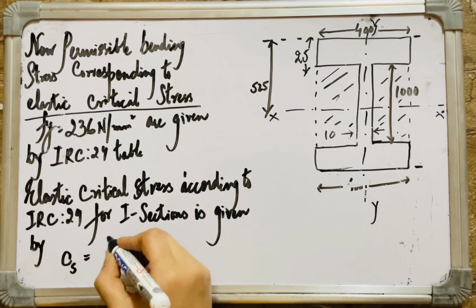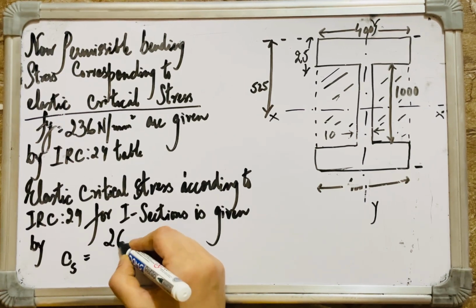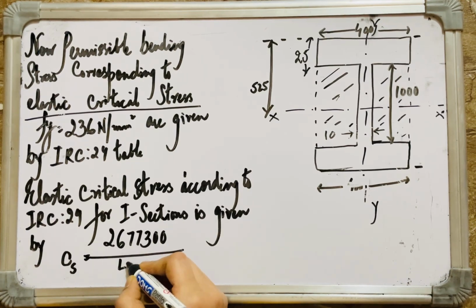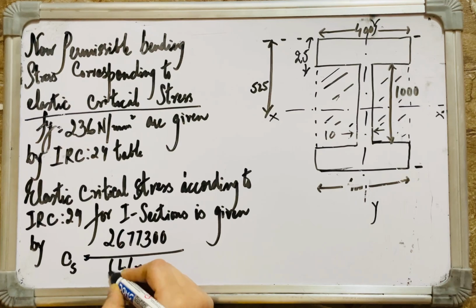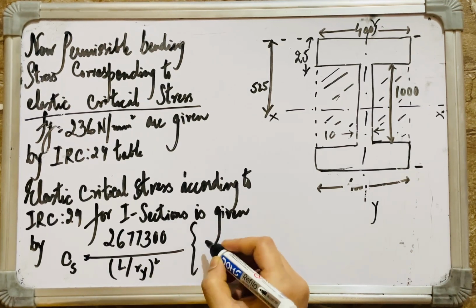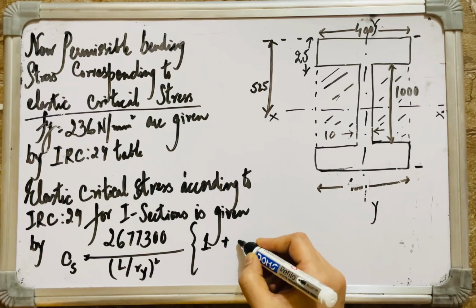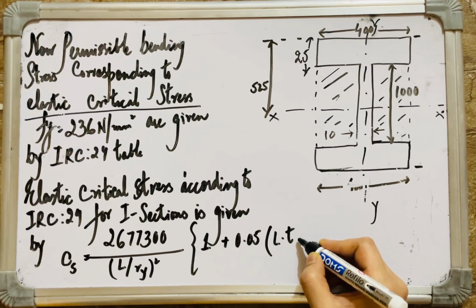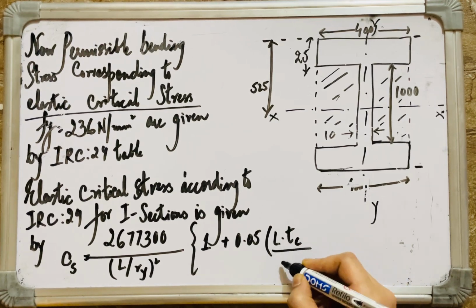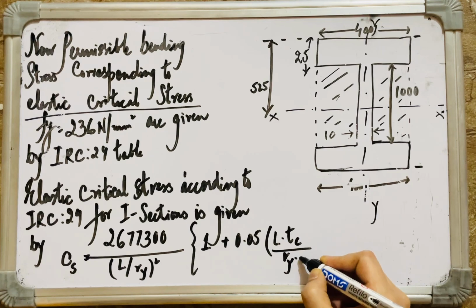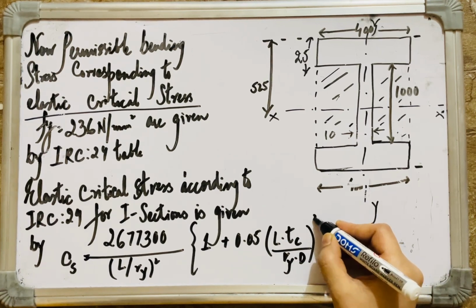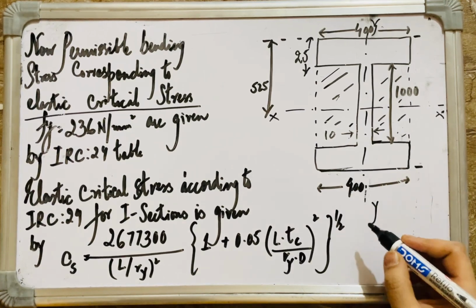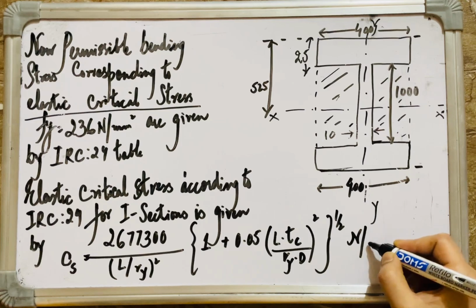C.S. is equal to, please note the formula, 2677300 divided by (L by Ry) square, multiplied by the square root of 1 plus 0.05 times (L multiplied by Tc divided by Ry D) square, that is, the whole raised to the power 1 by 2, in Newton per mm square.